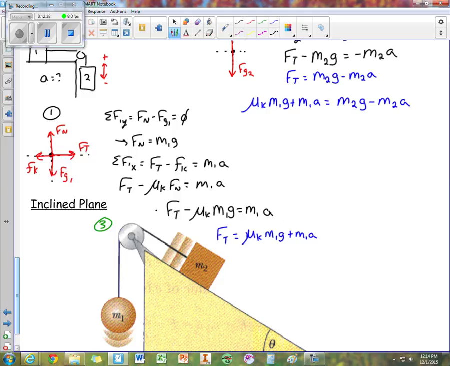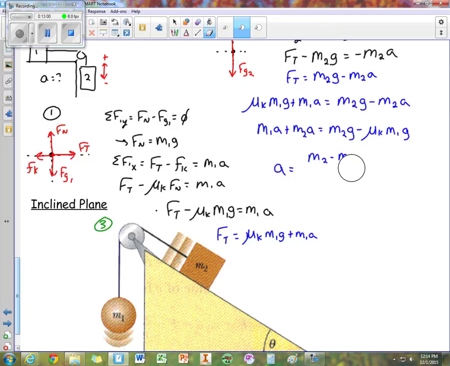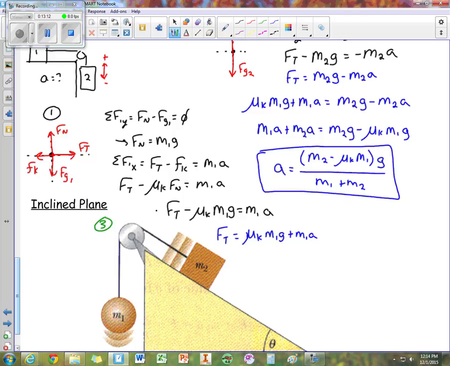All right, now it's just a matter of doing some algebra to find the acceleration. Gotta be careful with my algebra. And there you have it.